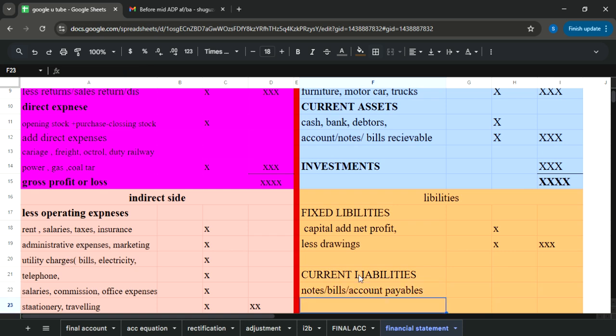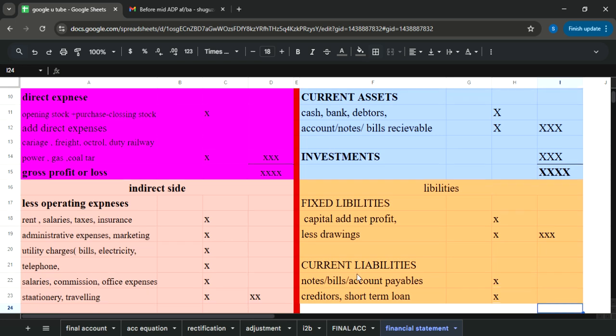Then you will write creditors or short-term loan. So finally what you will do, you will write sum of these items over here. Finally grand total would be written at this column.